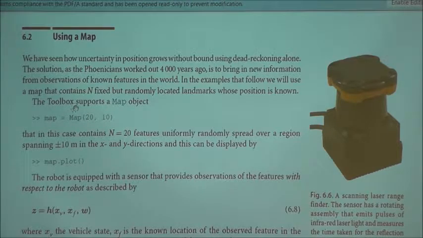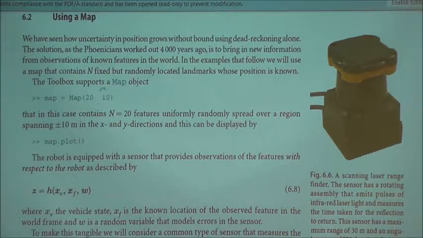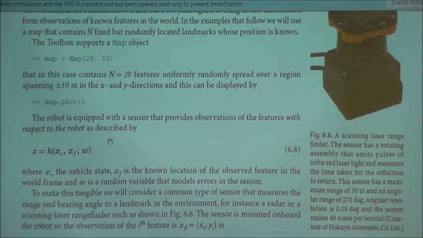The toolbox supports the command map. So let's say you have map 20,10. In this case, it contains 20 features uniformly randomly spread over a region which is plus or minus 10 meters in the x and y direction, and this can be displayed by map.plot. You can plot your map.